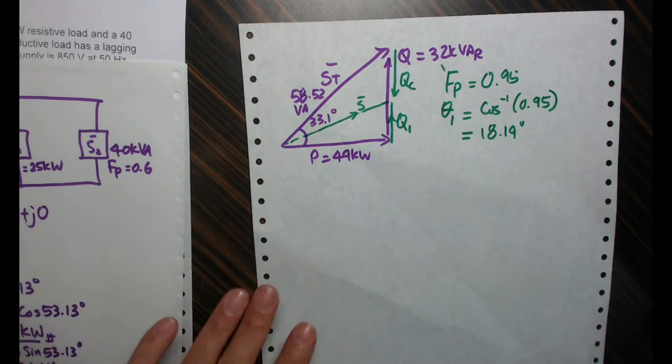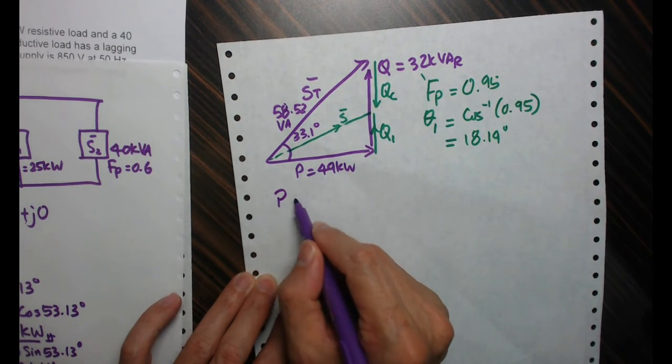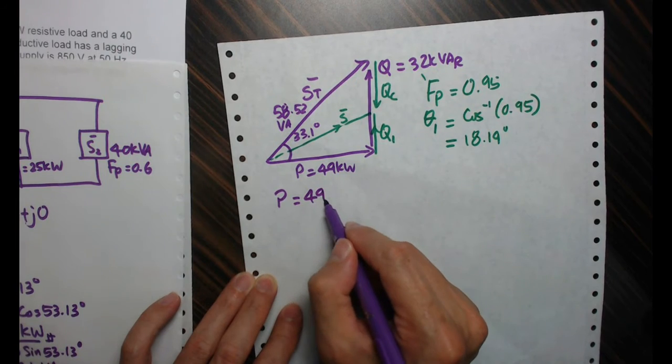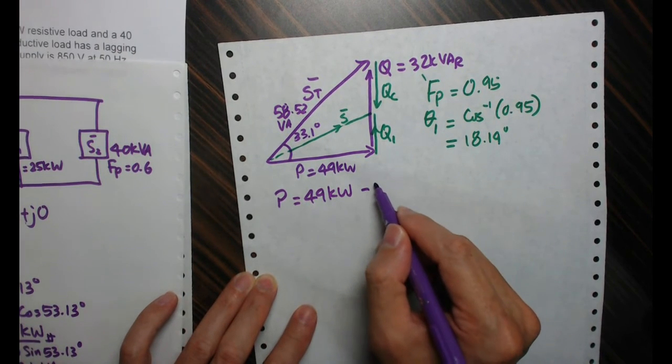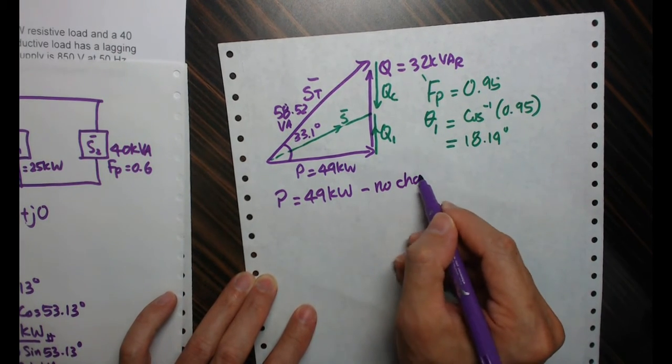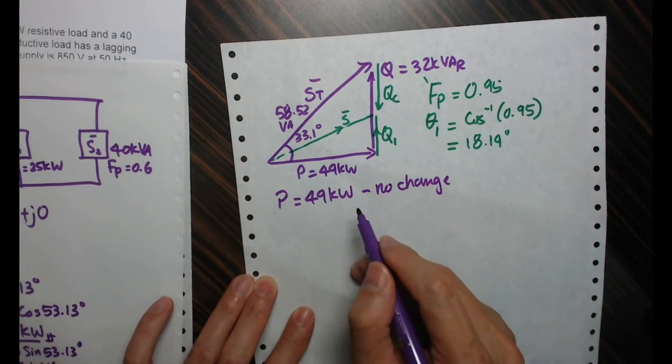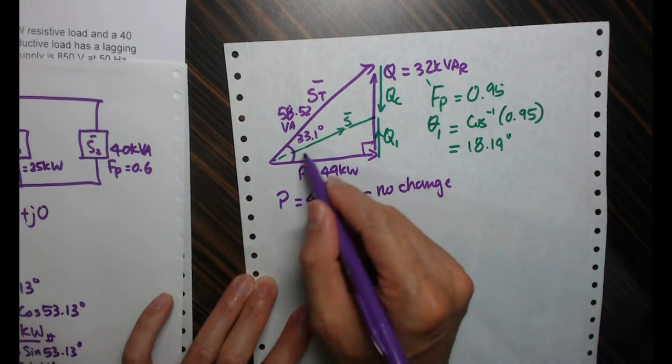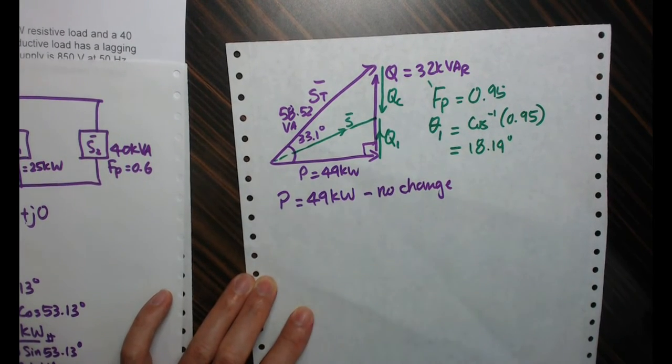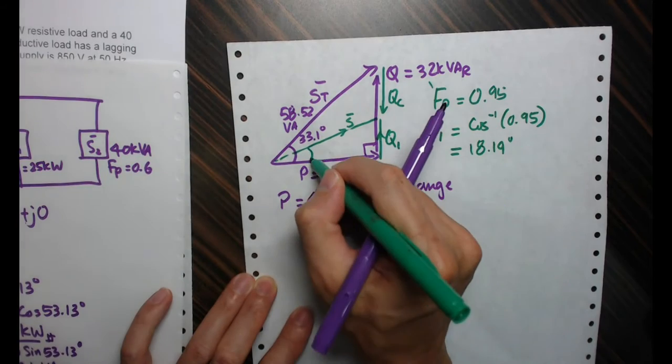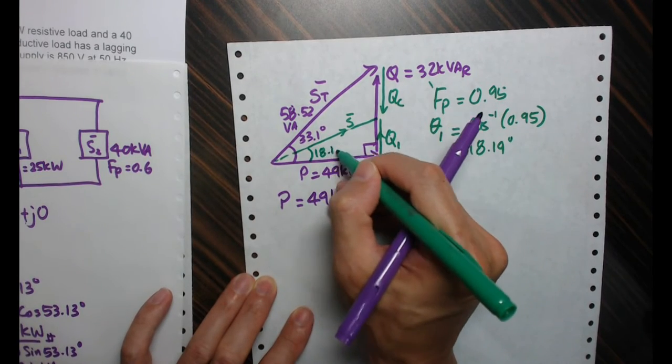P remains constant because it doesn't change. If you look at this triangle, I have a new angle of 18.19 degrees.